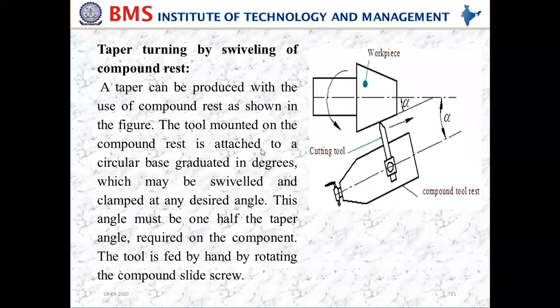The tool is mounted on the compound rest, which is attached to a circular base that may be swiveled and clamped at any desired angle. This angle must be the taper angle, alpha by 2, required on the component. The tool is fed by hand by rotating the compound slide.